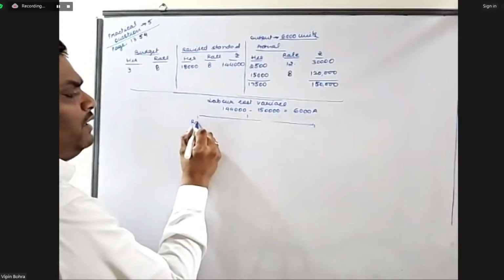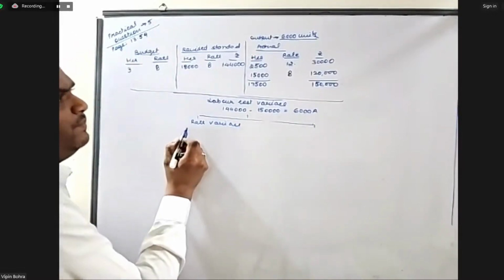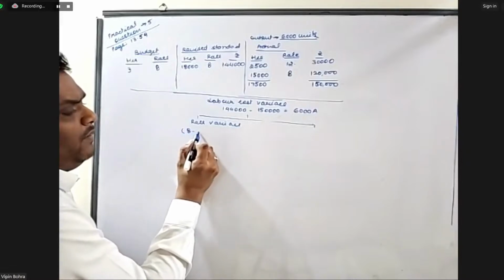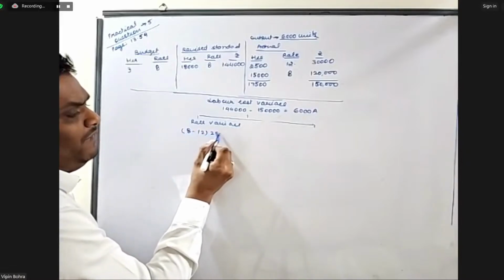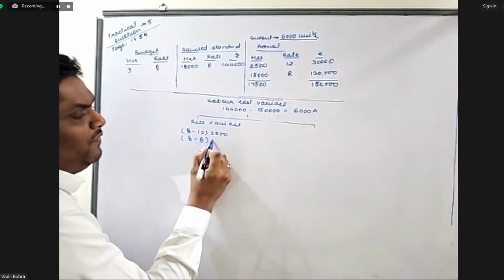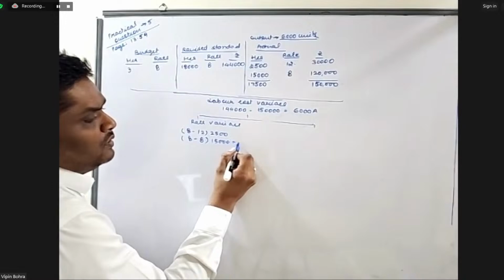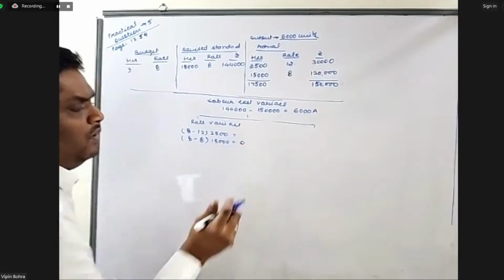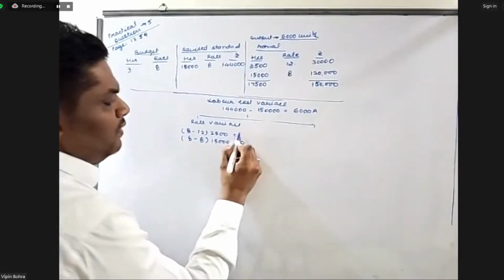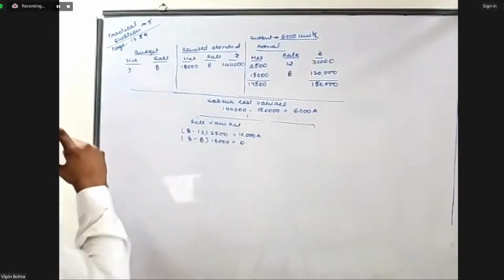When talking about rate variance, very simple. 8 minus 12 into 2,500 and 8 minus 8 into 15,000. So this will be 0 and this will be 10,000 adverse.